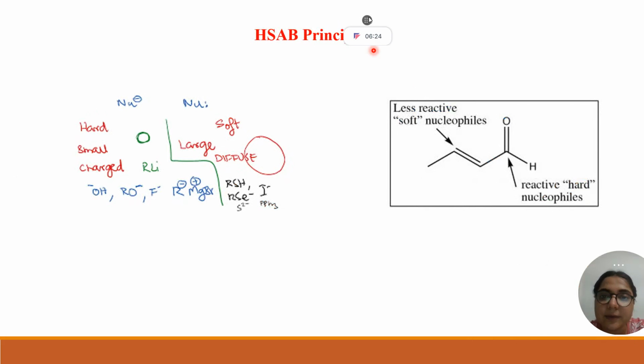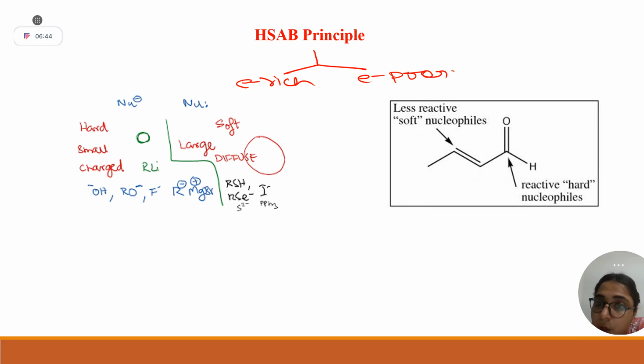Now let's have a brief recap of the HSAB principle also. As in the last class, I made you understand that in organic chemistry you have two things: electron rich, electron poor. The more electron poor you are, the harder the acid.